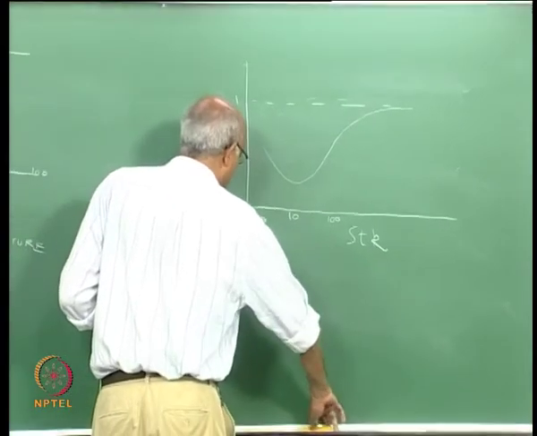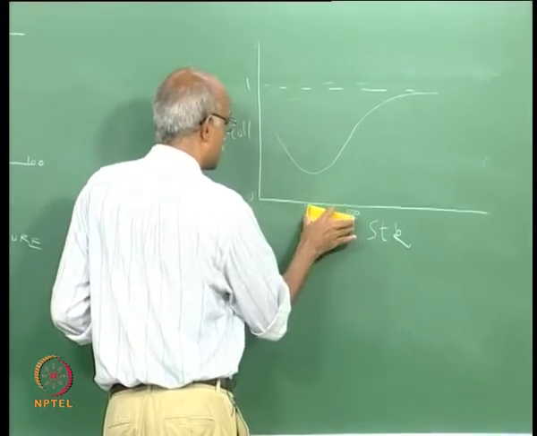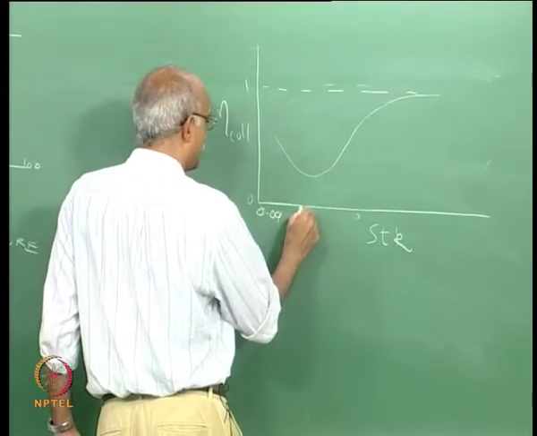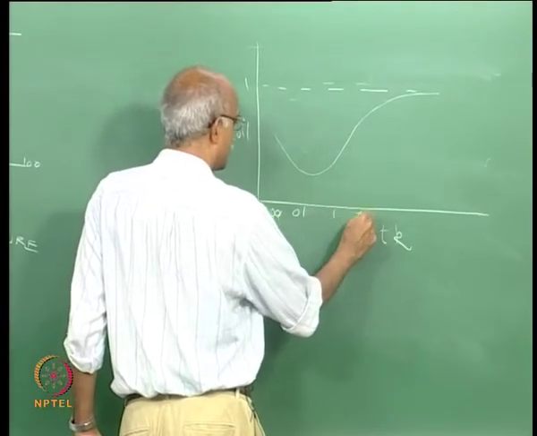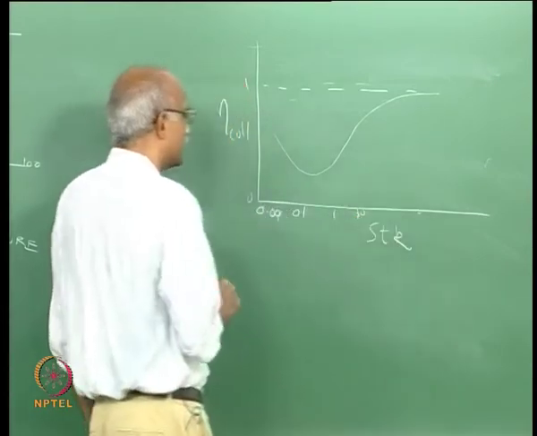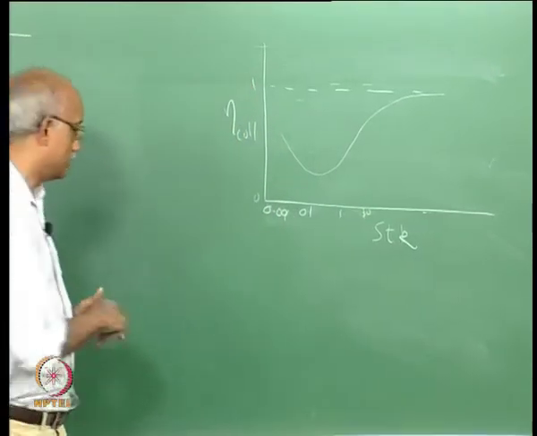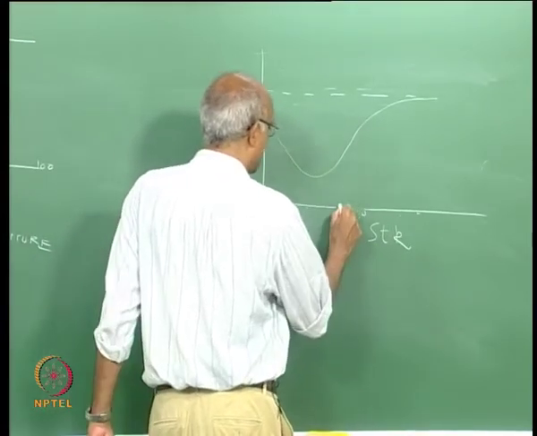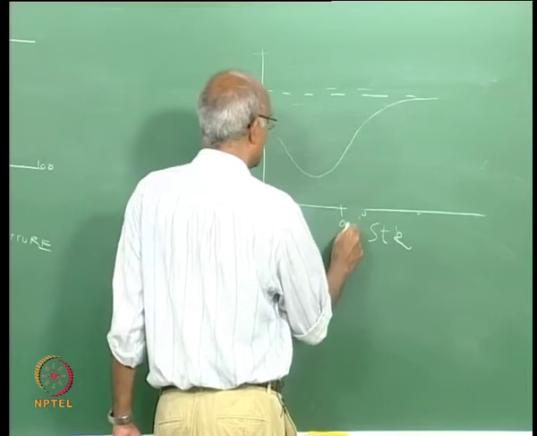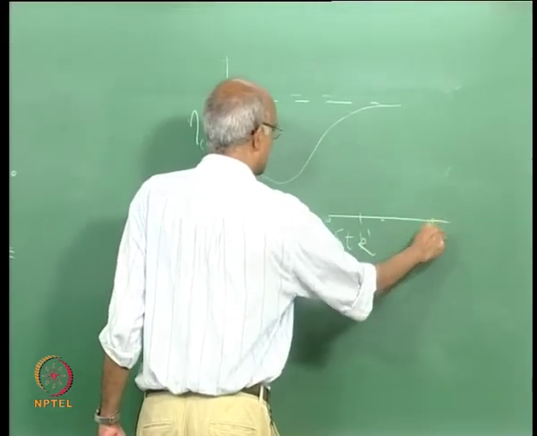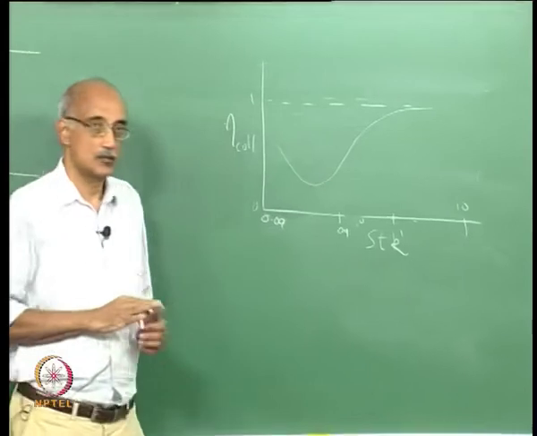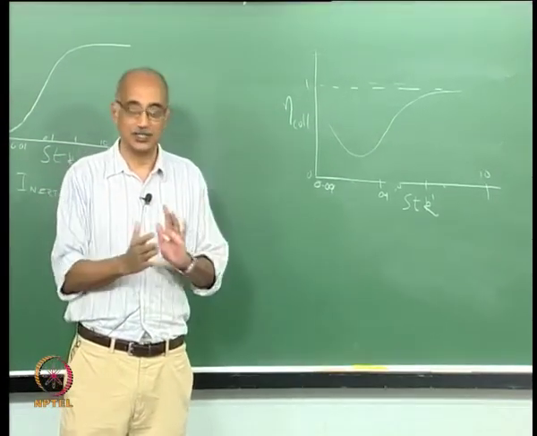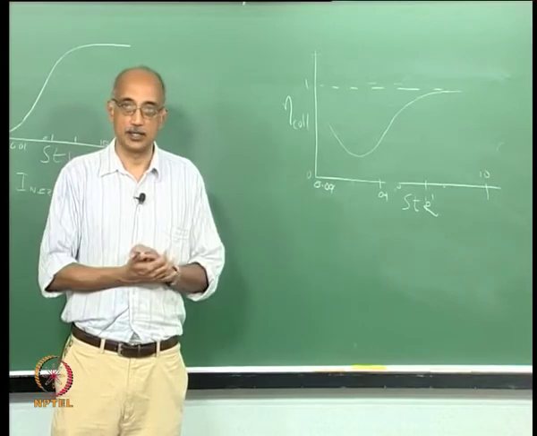So here again the Stokes number here is 0.001, 0.1, 1, 10 and so on. The minimum occurs below 0.1 microns, and then as you start crossing 0.1 in Stokes number, you start to see an increase in your collection efficiency.